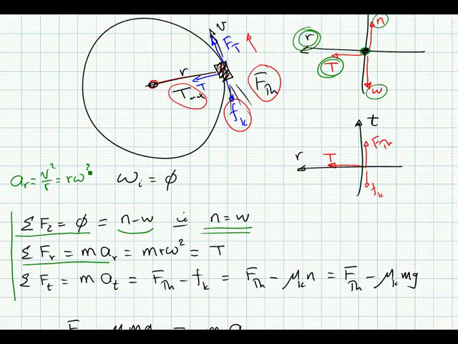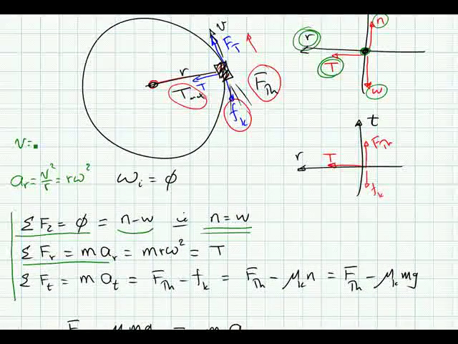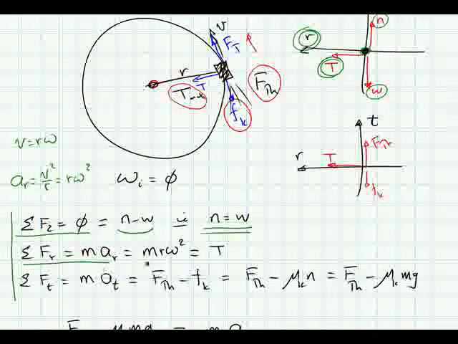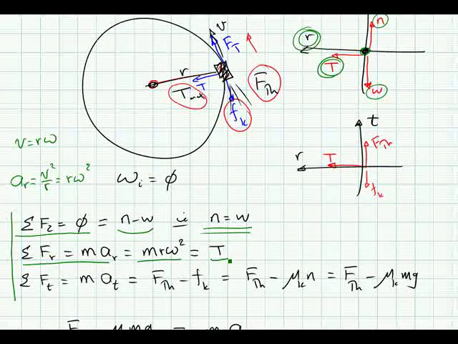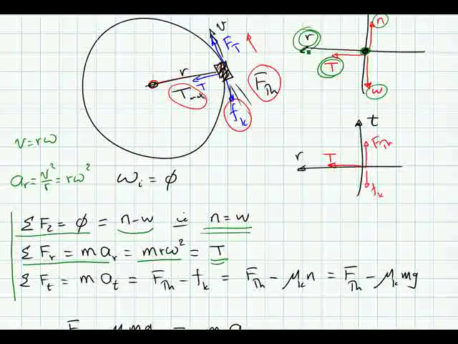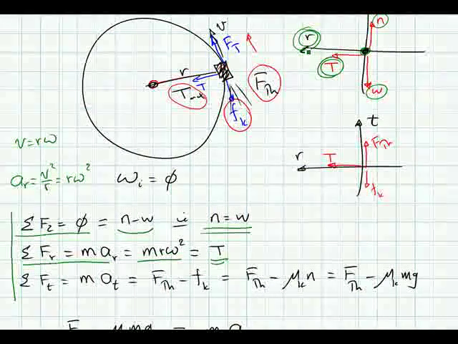These two are equivalent because, if you recall, v was equal to r omega. So a_r we can write as m r omega squared, and the only force in the r direction is T, and it's positive because it's pointing towards the positive of the r-axis.